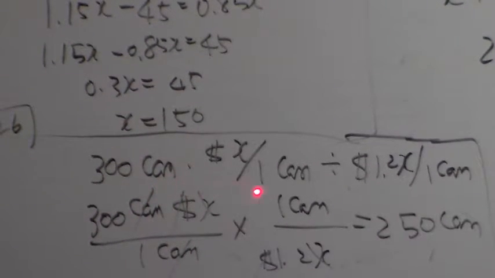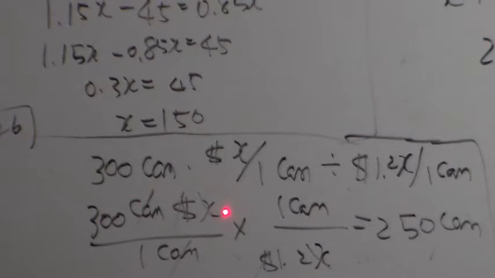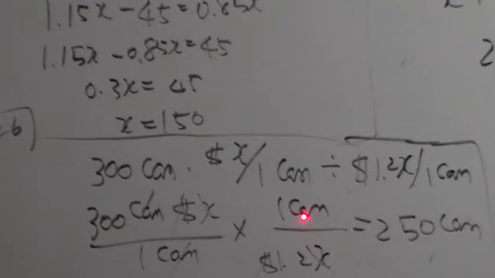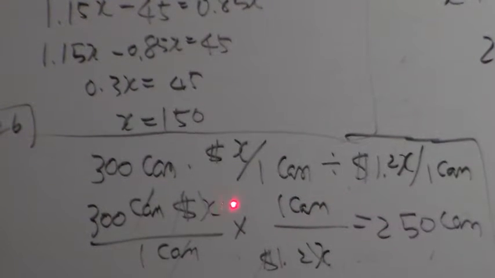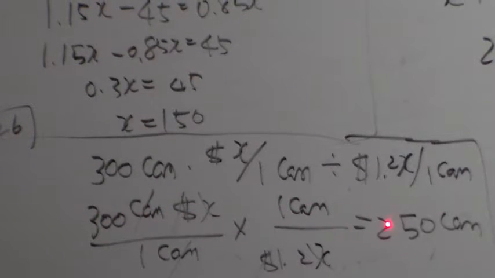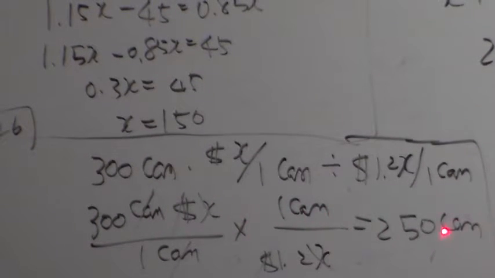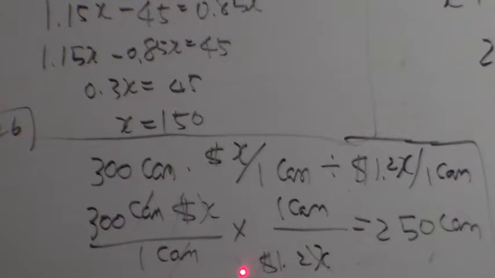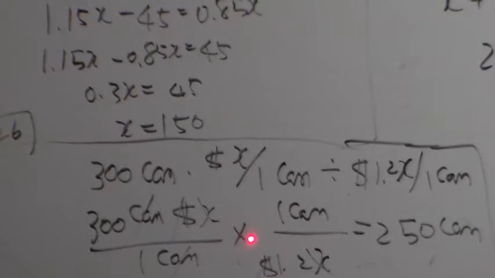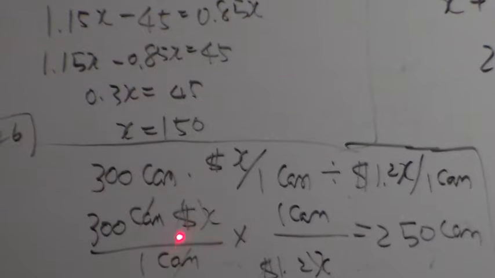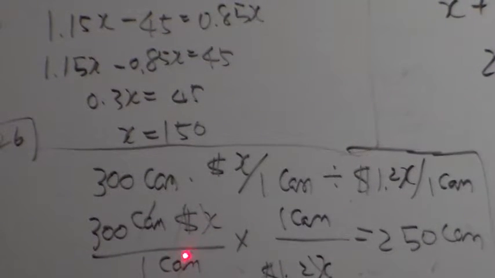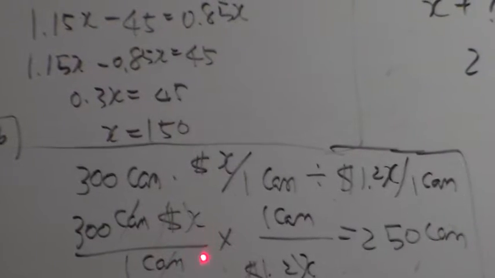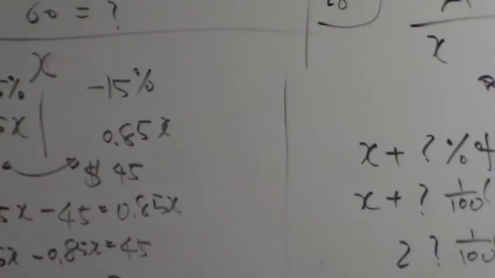So left over is 300 times 1 over 1.2, and the unit is still can. 300 divided by 1.2 is 250 cans. Let me restate again: you have to be comfortable with unit changes or multiple units when you make a calculation. That's what it is. Okay, next one.